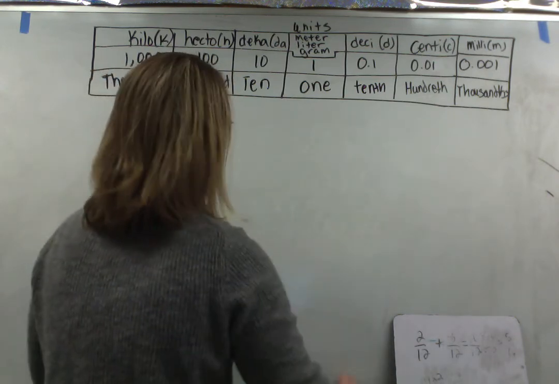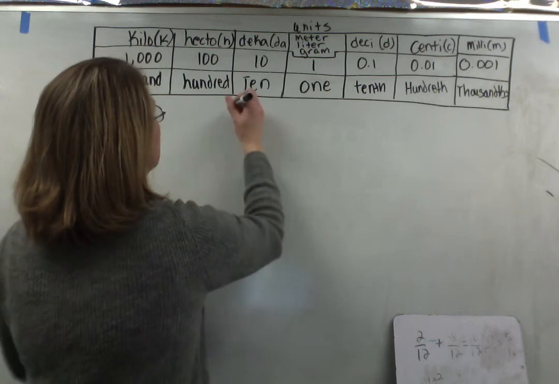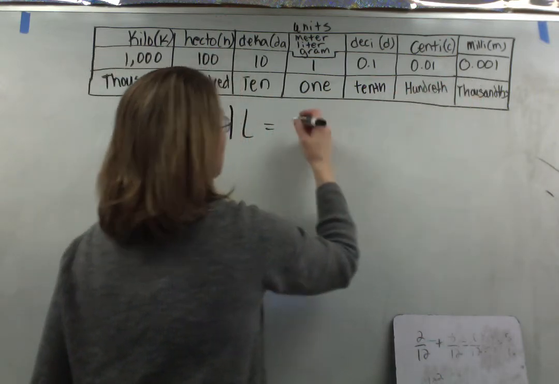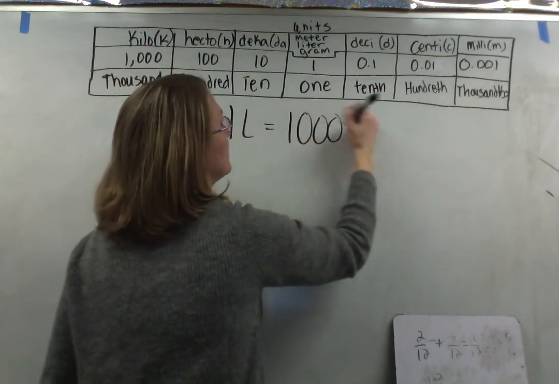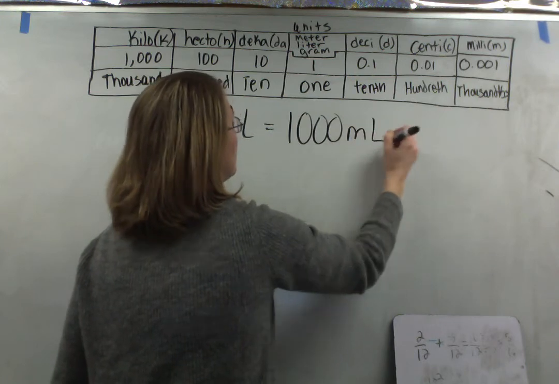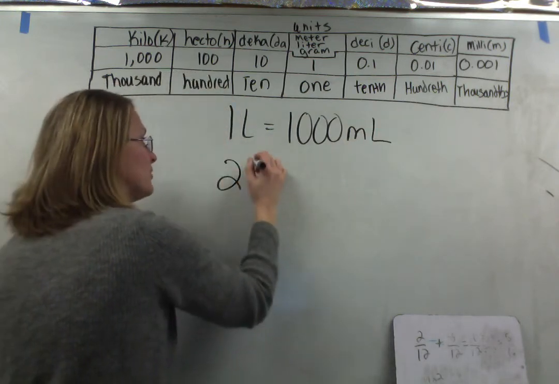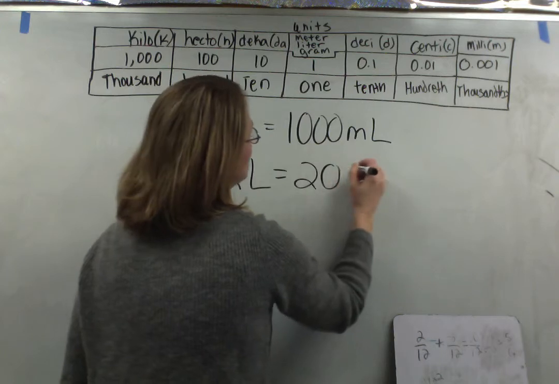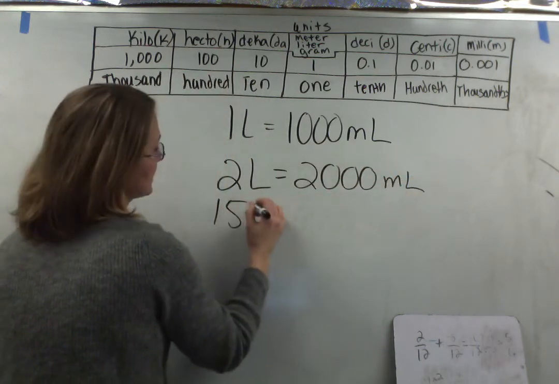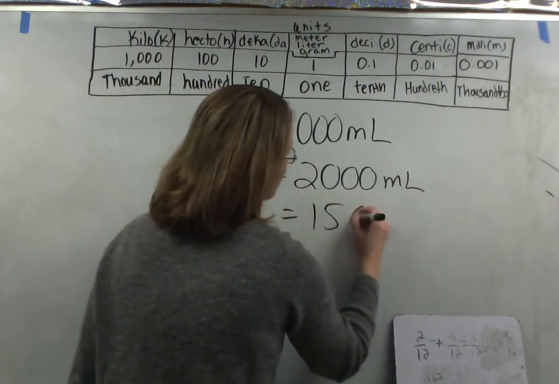So if we have 1 liter, it equals thousandths, so it's going to equal 1,000 of these tiny little pieces. 1,000 of these will equal one of those milliliters, okay? So if you have 2 liters, you're going to have 2,000. And if you have 15 liters, you're going to have 15,000.